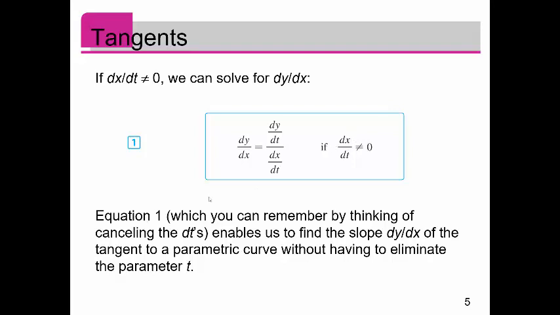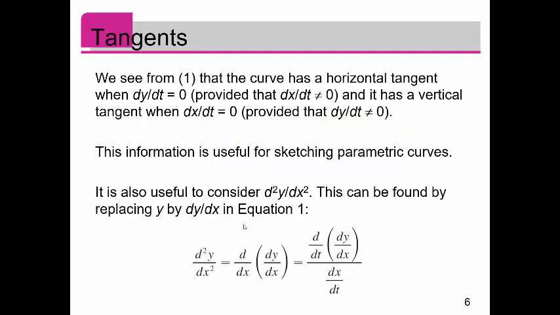All right, so equation 1 enables us to find the slope dy/dx of the tangent to the parametric curve without, like we saw in the previous section, having to eliminate the parameter t. When I talk about horizontal and vertical tangent lines, you have a horizontal tangent line when dy/dt equals 0.